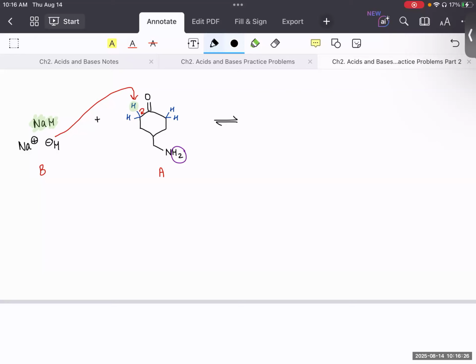And so to draw products, the sodium stays the same. We end up with H2 because we picked up that extra hydrogen. And then we can draw our product here. And then we have a negative charge on that carbon that is adjacent to the amine.